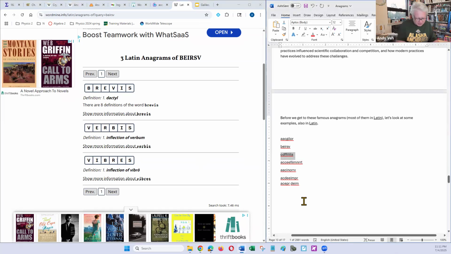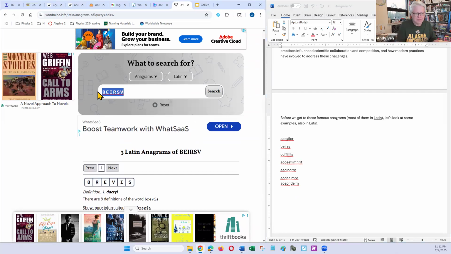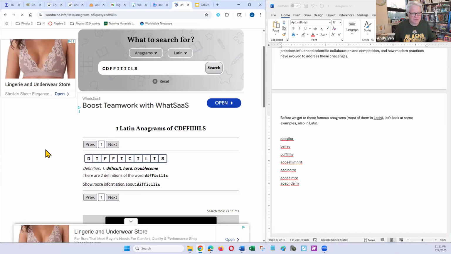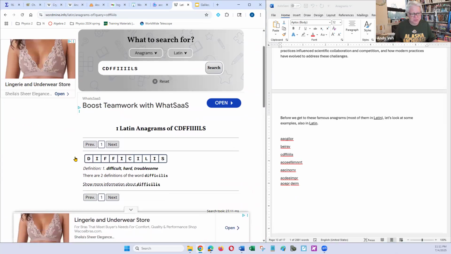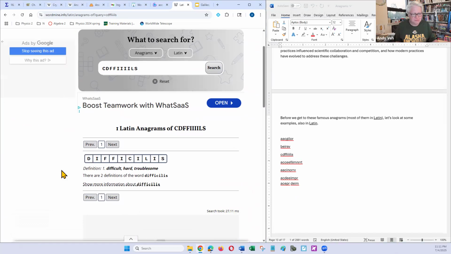All right, I do remember this one here. There we go. So difficilis, which obviously means difficult. So Latin difficilis. English has a lot of Latin words in it.